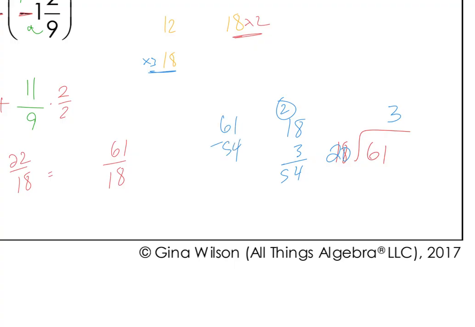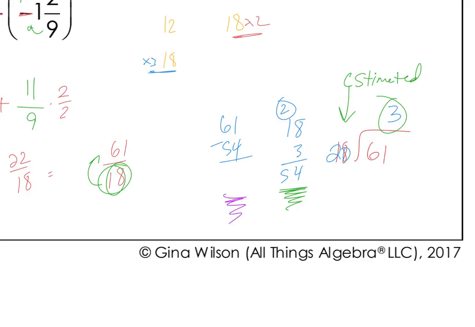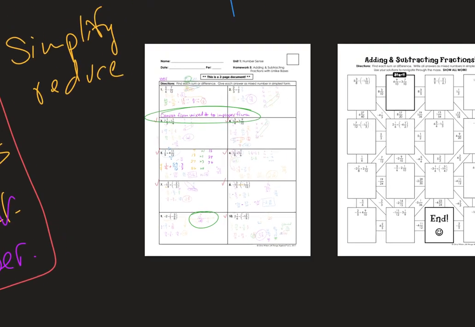If you're not following why I'm doing this, I'm trying to see how many 18s are going into 61. So I estimated using 20, and I said, oh, well, 3 times. So then I figured out how much that is, and then I'm subtracting here to go, oh, there would be 7 left over. So it is 3 7/18.